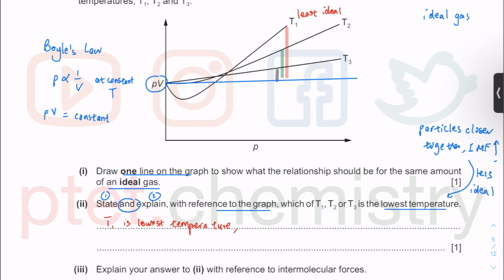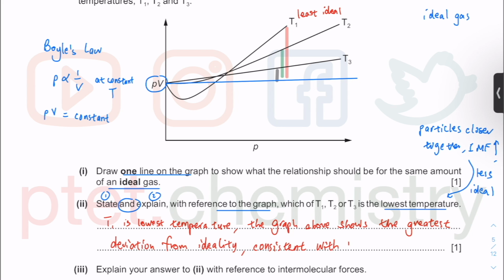That is the one, the graph above. So you need to use the graph. The graph above shows the greatest deviation from ideality. The greatest deviation from ideality, consistent with, so I'm trying to explain now, consistent with stronger intermolecular forces.